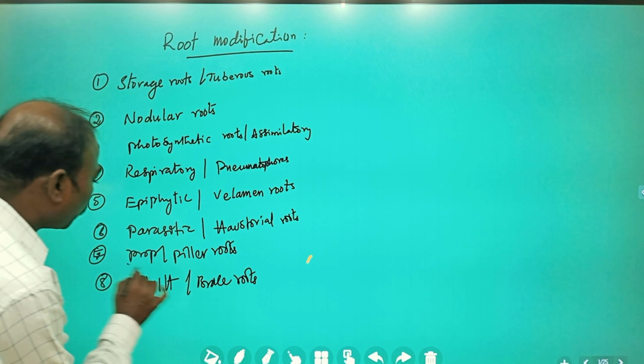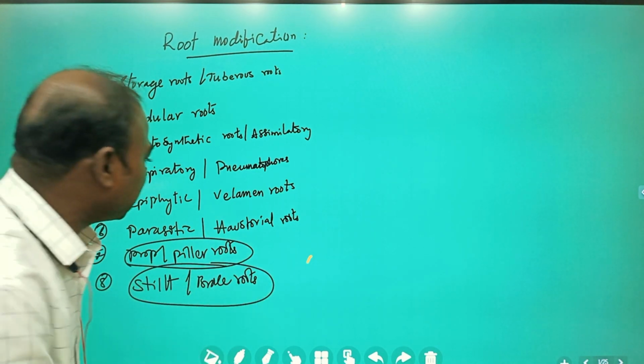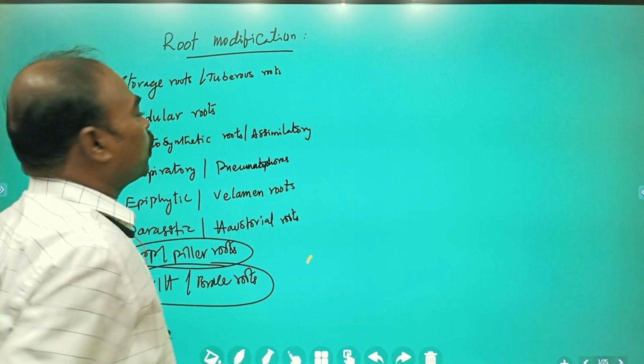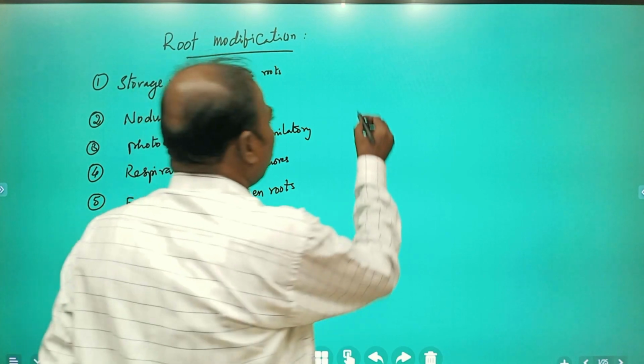Out of these, prop roots or pillar roots and stilt roots or brace roots we completed in the last class itself. Now we are going to discuss the storage or tuberous roots.